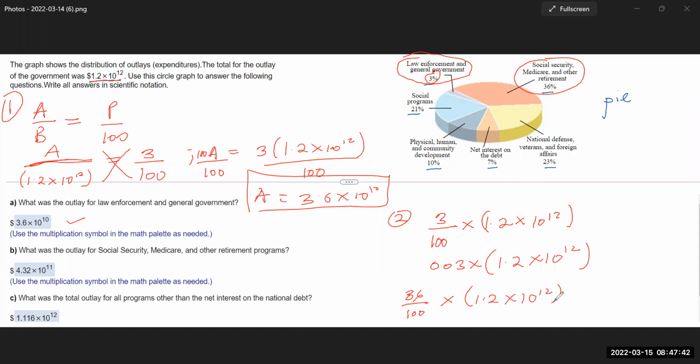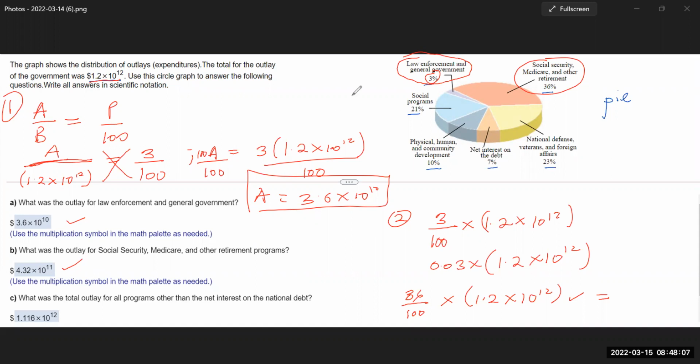Now 36 over 100 will give you 0.36. You multiply that by that, and that should give you the answer you have right there. And that simplifies B. Now let me clear the screen to have space for the last question.